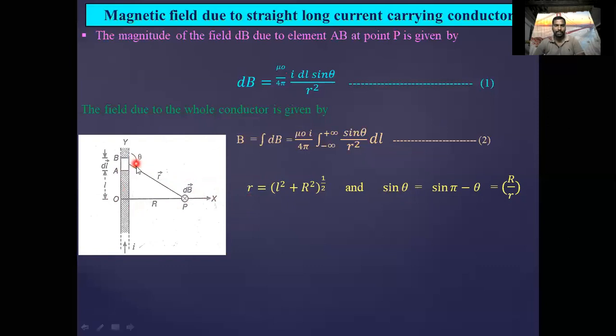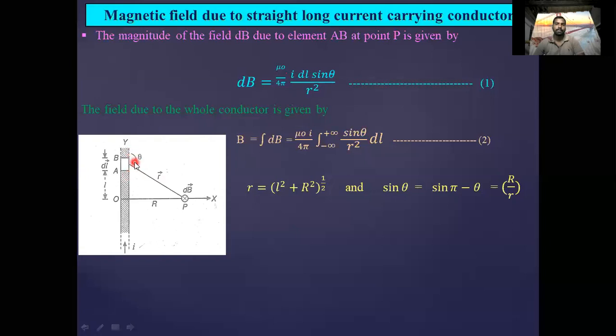Now here the angle is π − θ, since the total is 180 degrees.